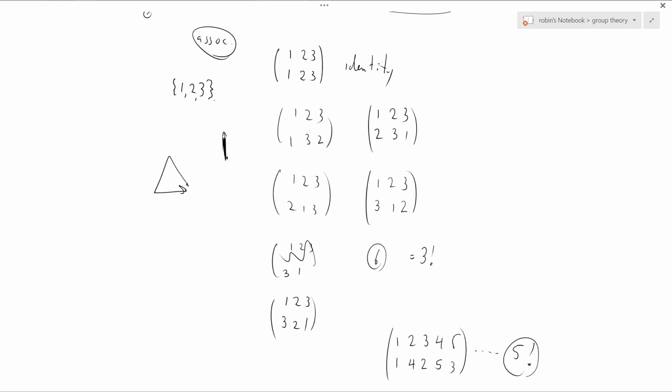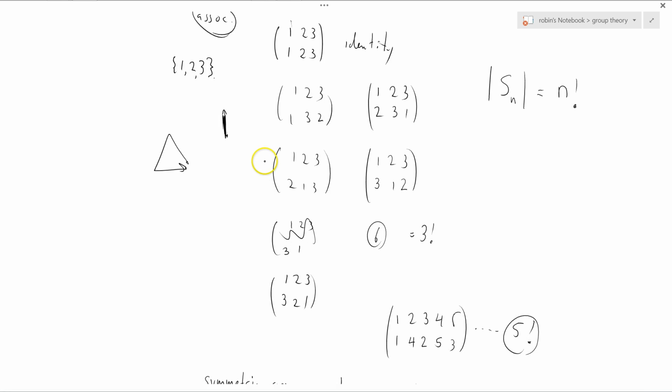The crucial idea is that we're mapping a finite set to itself with invertible functions. And so once you've got that, you realise that you can just write it out like this, and of course the order of the group Sn is just equal to n factorial, because there are n factorial ways of writing the bottom line, basically.